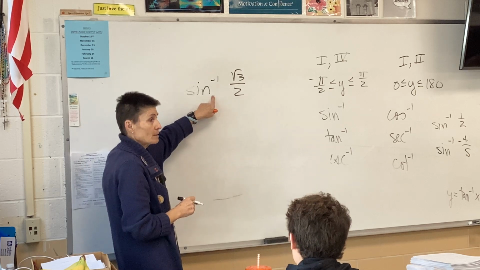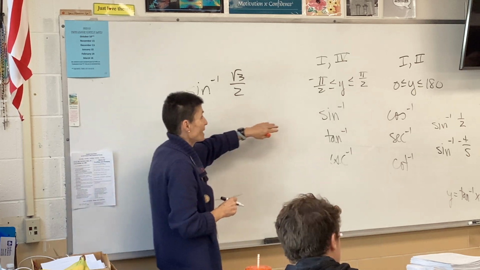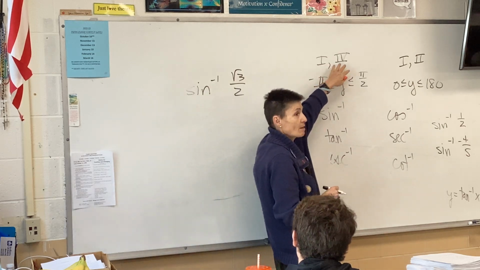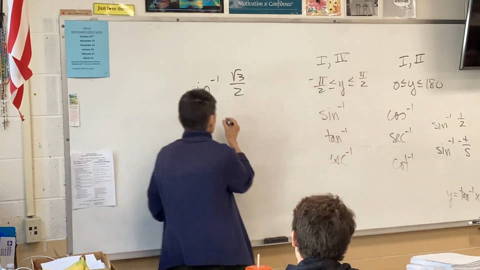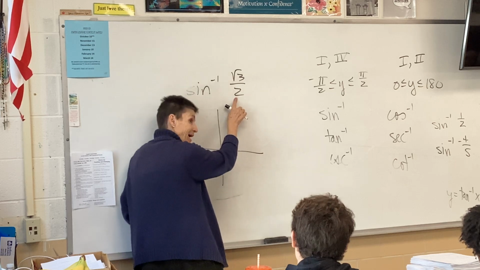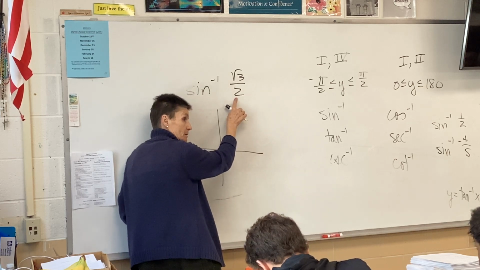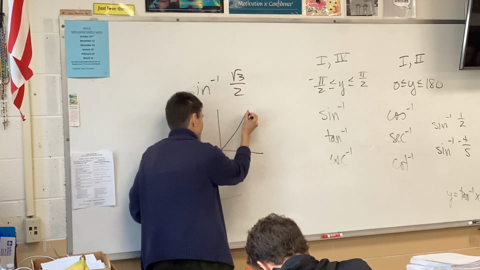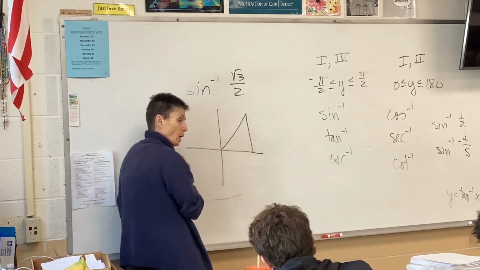Inverse sine. What quadrants are my options? My quadrants are 1 and 4. This is a positive number. So therefore, it has to be quadrant 1.